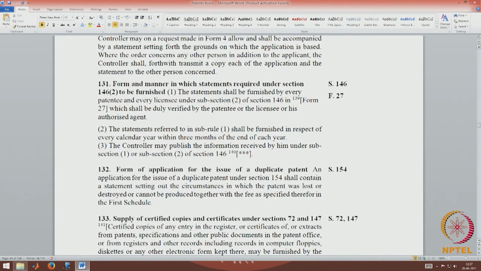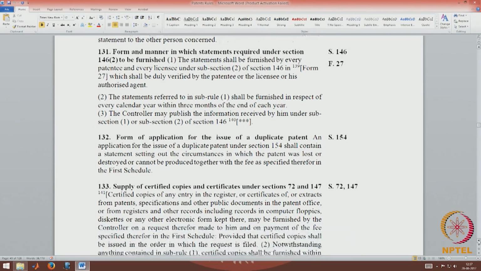Now, we had seen that Form 27 requires working statements to be filed, and Section 146 gives the power to the controller to ask for some information with regard to working of patents. 131 deals with the procedural aspects.